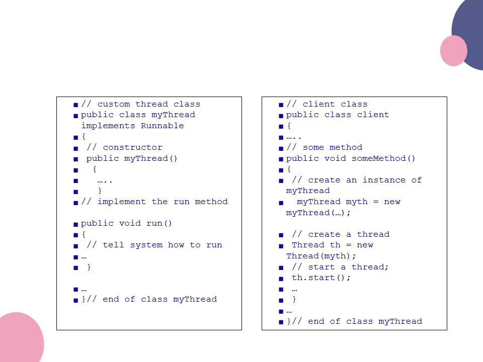The myThread class implements the Runnable interface, and there is a run method provided in the class. An instance of the myThread class is created and passed to the built-in Thread class, and th.start starts the execution of the thread.